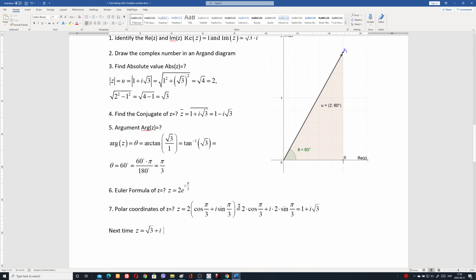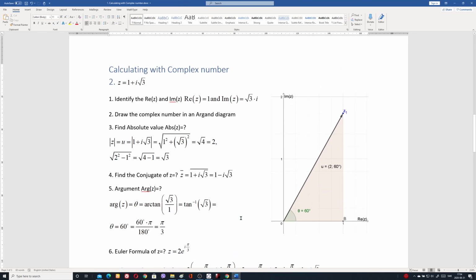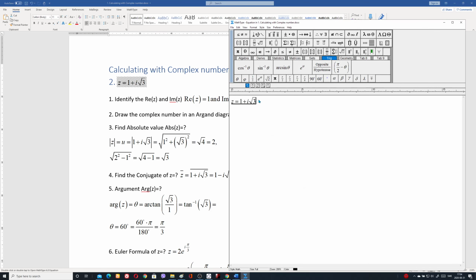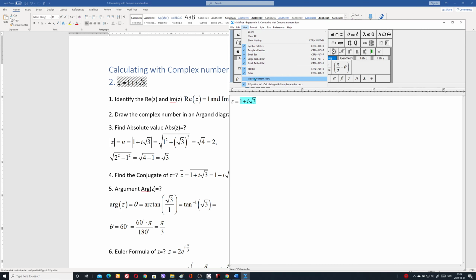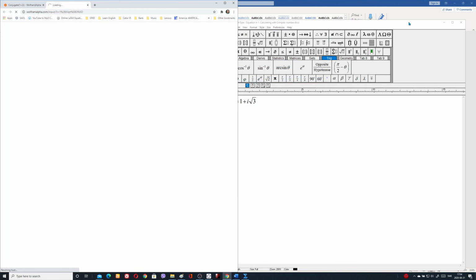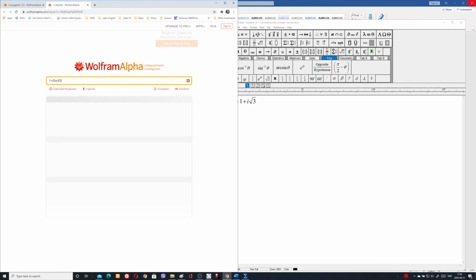So now if I would like to check that I did everything right, I should ask Wolfram Alpha, so we can check this. Let me see what Wolfram Alpha shows.